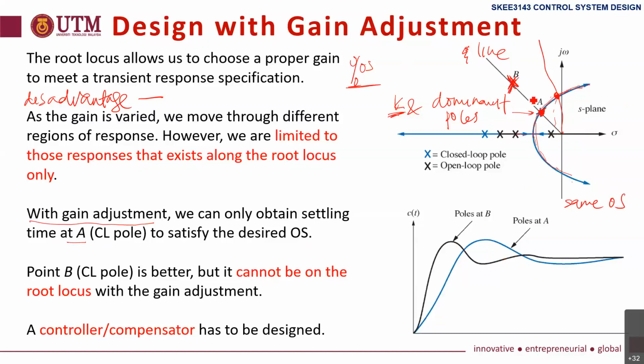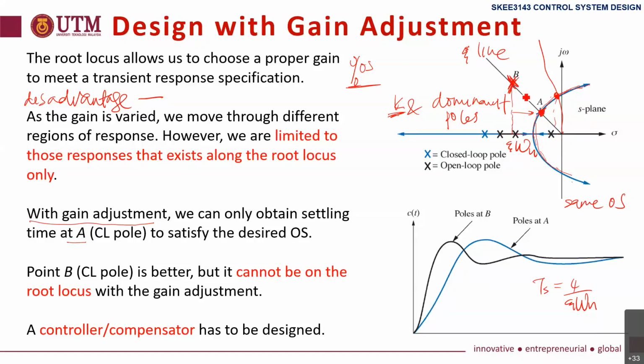Because they are on the same zeta line, same zeta, that means same overshoot. But settling time here is better because zeta omega n is bigger. Settling time, Ts, is 4 over zeta omega n. So when zeta omega n is bigger, when the pole is far from the origin, then the settling time is smaller.